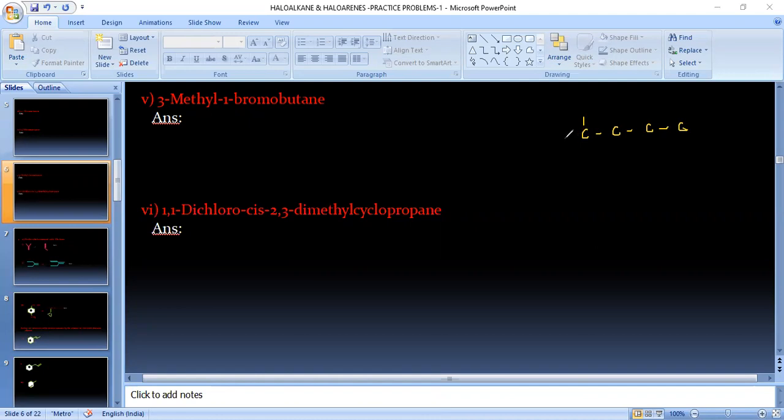This is the 1-bromo. So directly I am writing CH2Br. 1-bromo, 3-methyl. So over here, the remaining is the same. 2, 3, 4. No need to write CH2 here, only 1 hydrogen, but here 3 hydrogens.